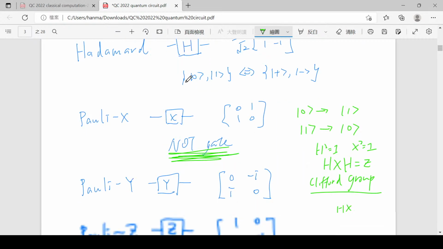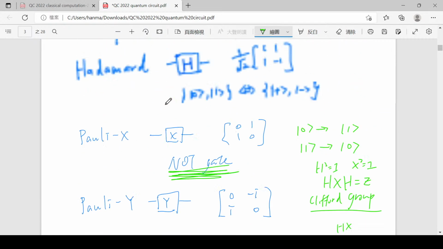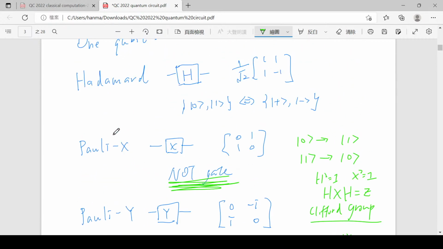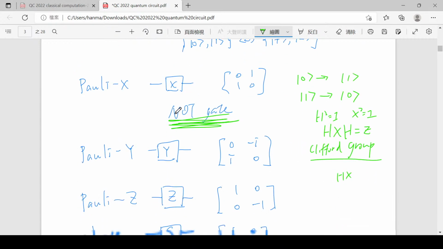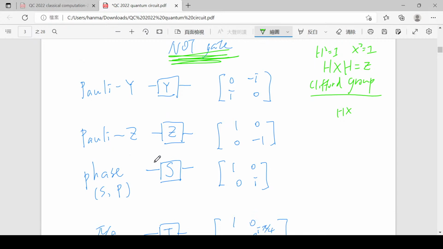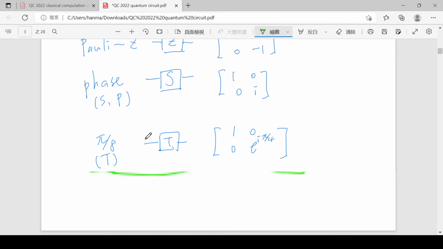So anyway, if you pick your two gates with too much symmetry, like Hadamard and Pauli X, or even Hadamard and S, then all the combinations are stuck in the group called the Clifford group, and then it's a discrete set, and you will not get approximation to all single-qubit gates.